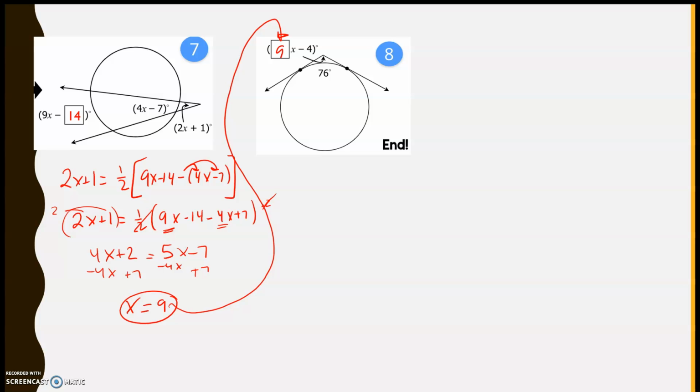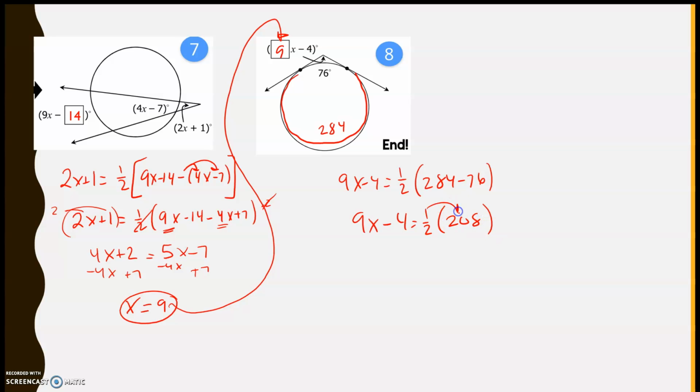There wasn't actually a place for you to solve this, but if you were to solve this, you know that this entire circle is 360. So you're going to take 360 minus 76. So we know going from here to here, that's going to give us 284. Again, 360 minus 76 gives you 284. Then you know your outside angle, 9x minus 4, is going to be equal to 1/2 of your big arc, 284, minus your little arc of 76. 9x minus 4 is equal to 1/2 of 284 minus 76, which is going to leave you with 208.